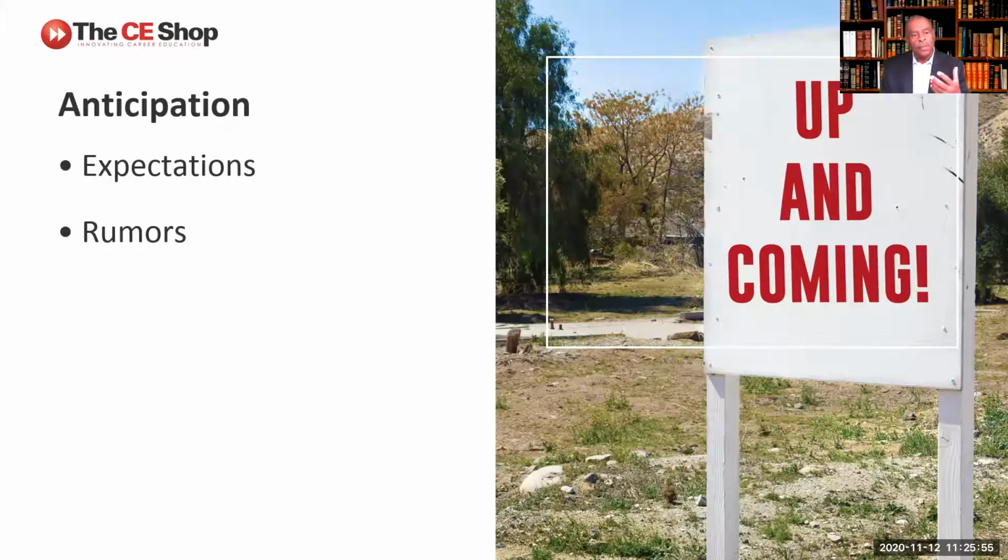Then what happens? The anticipated value of that property increases, right? So this is probably what I would say common sense, but yet not to the point that we should overlook it. Anticipation.